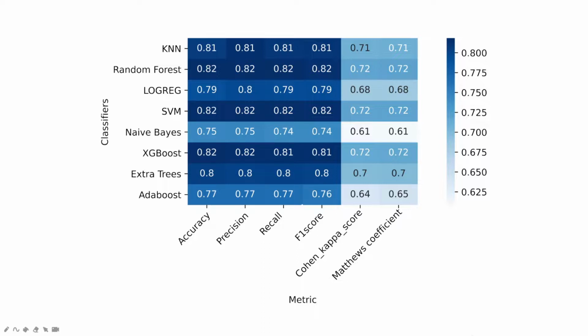So even though in this particular experiment naive Bayes did not perform well, it's not an indication that naive Bayes is a bad classifier. No. These classifiers have their strengths and weaknesses, and that is why it's important to always use several classifiers, look at the one which gives you the best performance, and then use that for your other activities. So that is how we use these heat maps to visualize and compare the performance of classifiers.